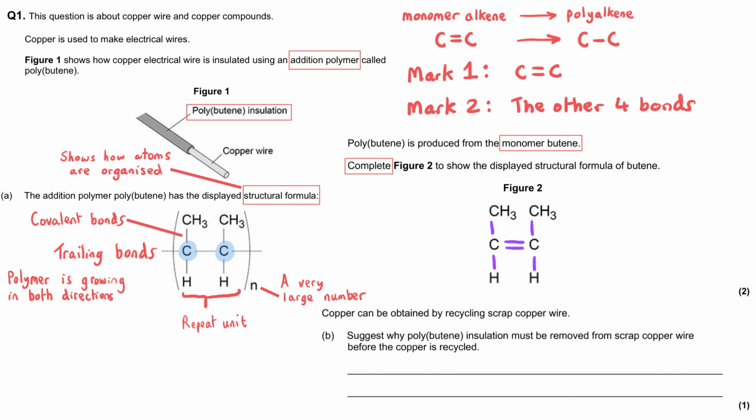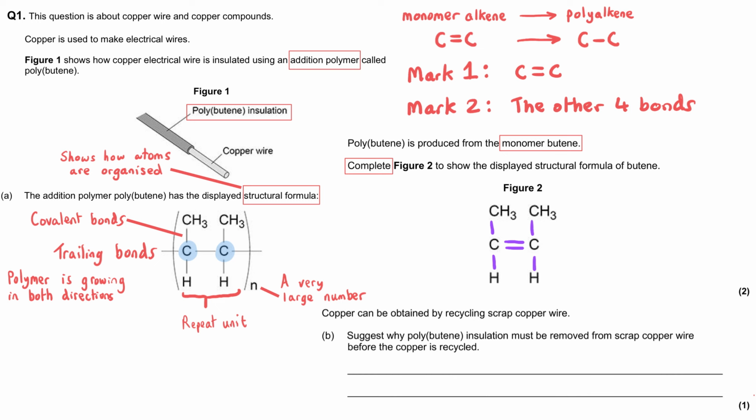And the final two features of the polymer, the brackets with the n and then the trailing bonds, they aren't included in the monomer diagram. You could probably get away with the brackets and the n, but you certainly couldn't get away with the trailing bonds. The trailing bonds are only present in the polymer. And so the monomer has a double bond, and that is the feature that breaks open to make the single bond and allow that polymer chain to grow.